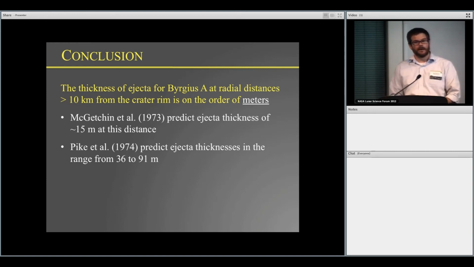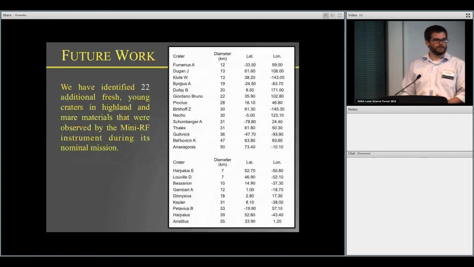And this also may be allowing us to inform models for ejecta thickness and ejecta emplacement on the moon. These models were developed basically from experiments on the ground and field work that looked at craters on the surface and craters produced by nuclear explosions. So, there's not been a whole lot of direct evidence for ejecta thickness on the moon, maybe until now.